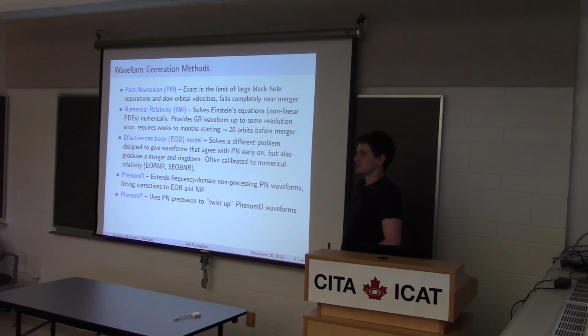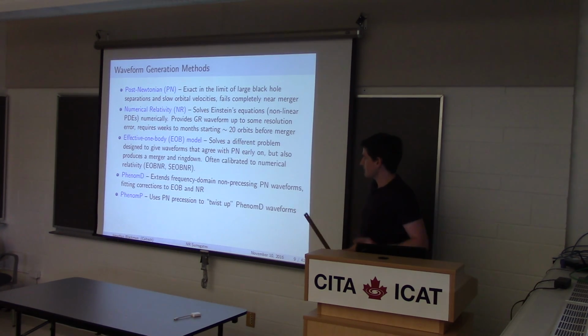But if we want to go to very precise tests of GR and very accurate unbiased parameter estimates, we'll need a more accurate model, especially in certain areas of the parameter space. And improving this model by, let's say, an order of magnitude or two could be very costly and time consuming.